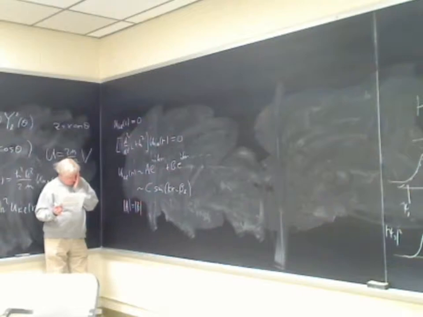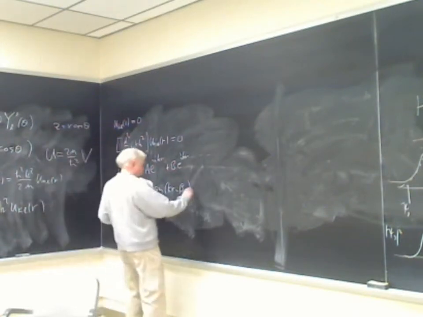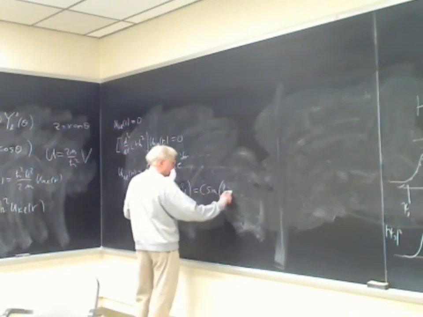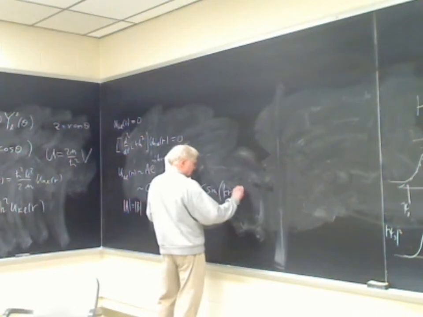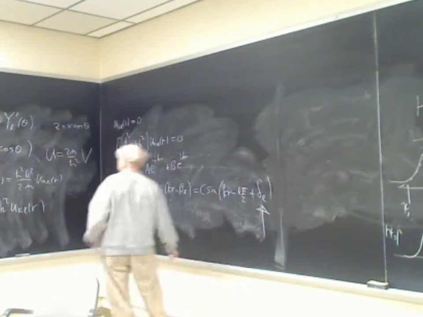And then you rewrite beta L somewhat so that you write it as C sine of kr minus L pi over 2 plus delta L. And this delta L is a big deal in potential scattering.